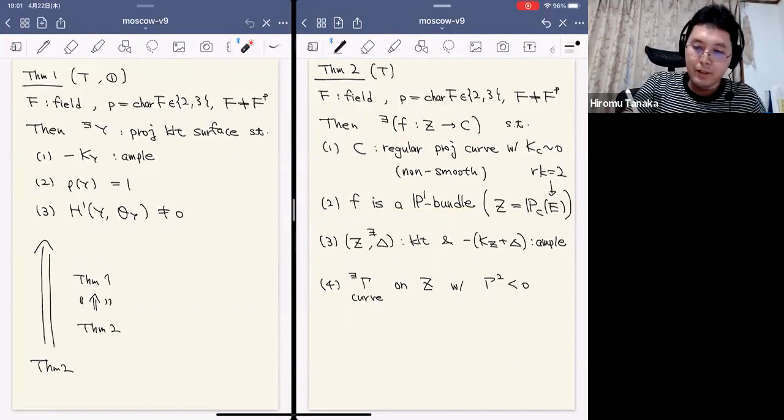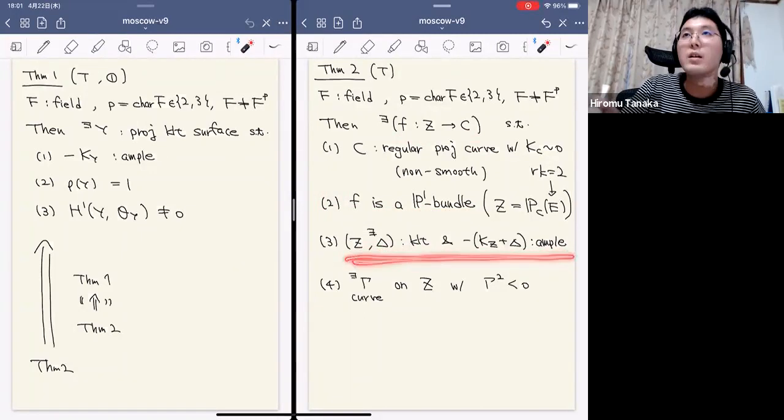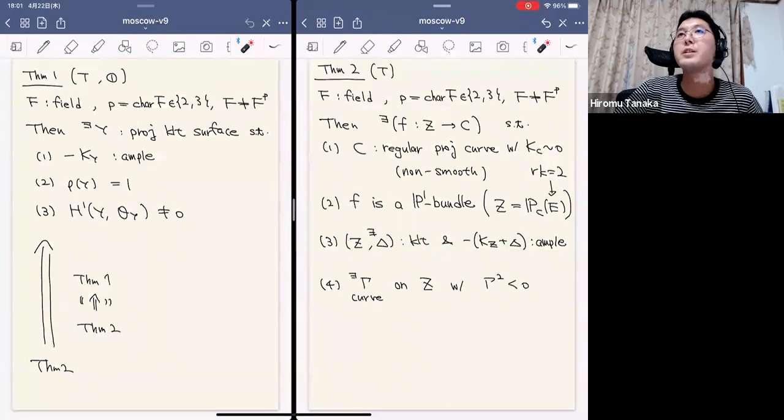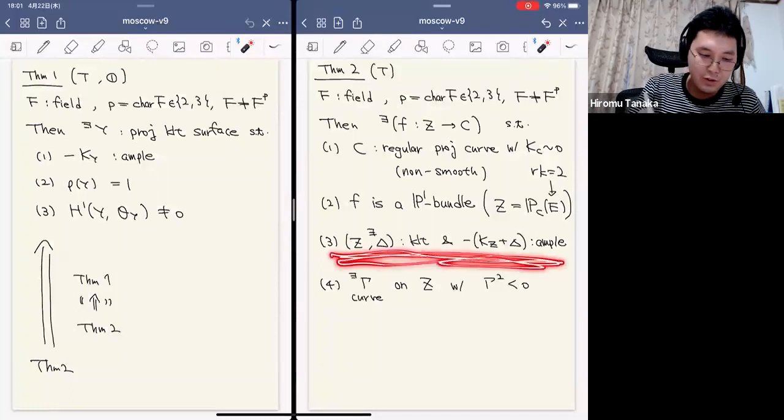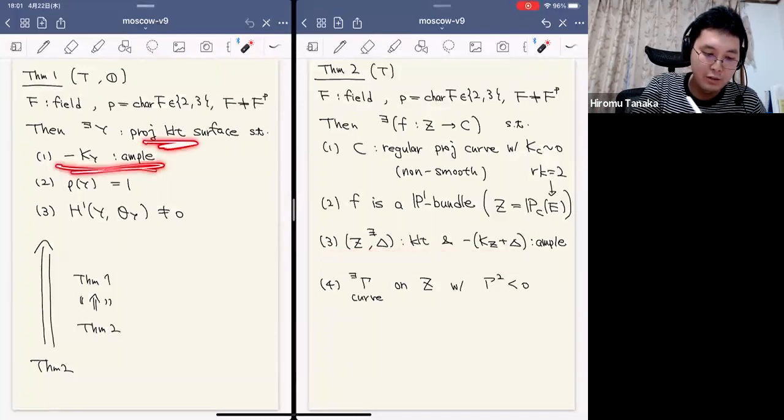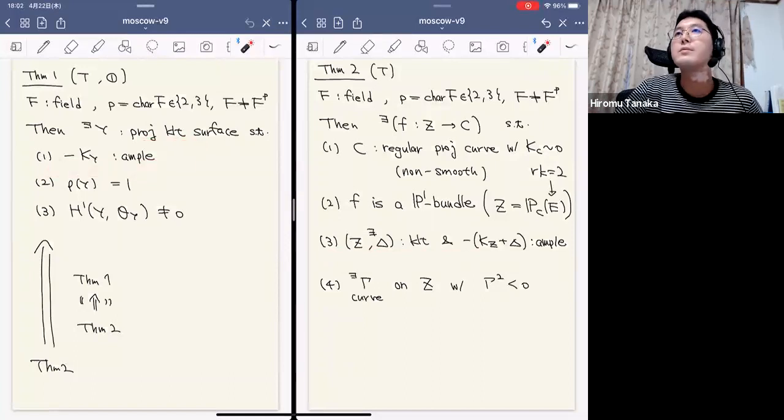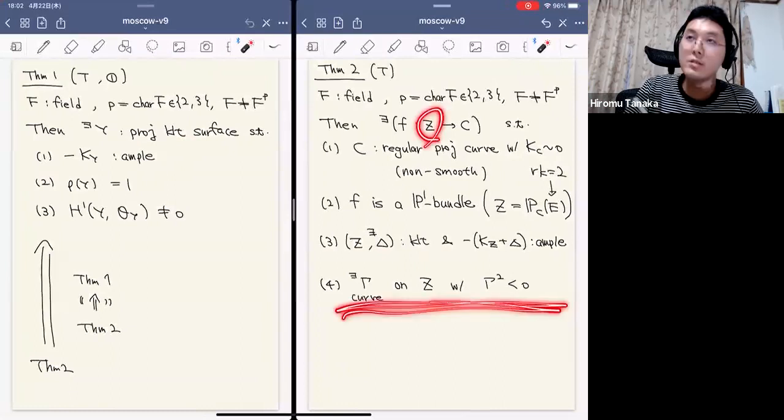The third property looks complicated, but this is similar to F-regularity, which is weaker than F-regularity, but in birational geometry, this is quite common. At least let me mention that. And this condition is related to the final condition. And the final condition is to assume that Z has a negative section.